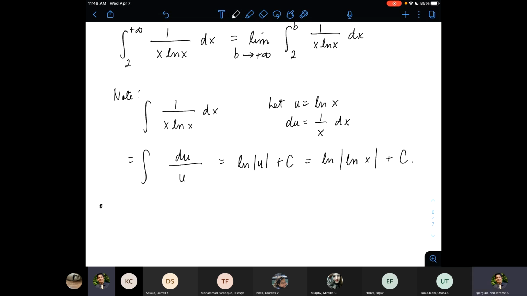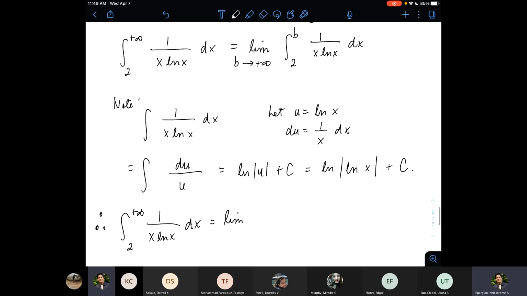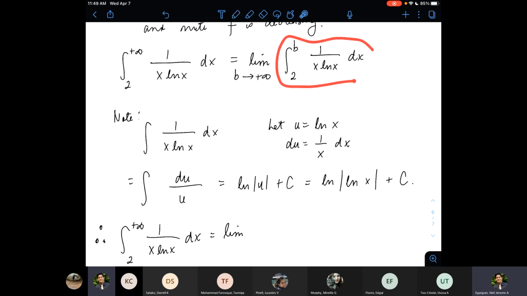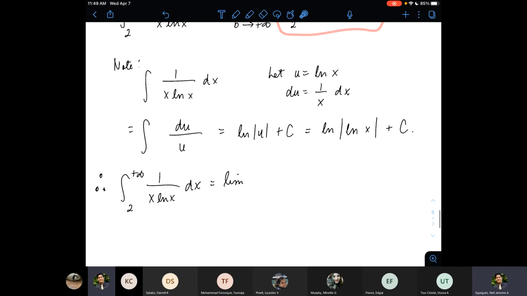All right. So therefore, the integral from 2 to positive infinity of 1 over x ln x dx is equal to the limit of, we already know what the antiderivative is, ln of the absolute value of ln x evaluated from the lower bound to the upper bound.